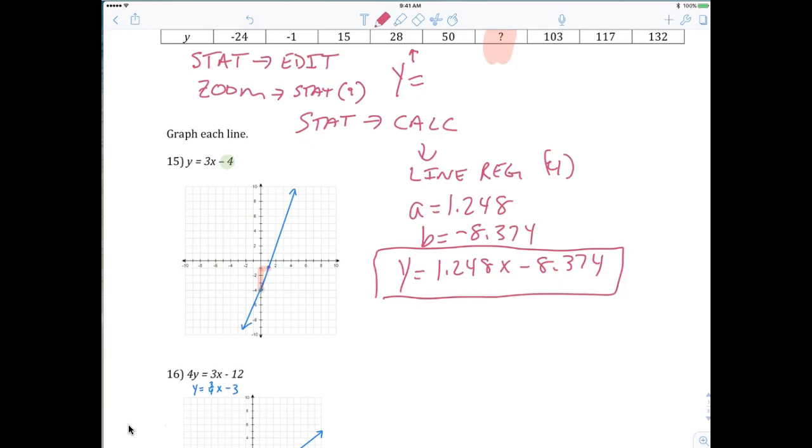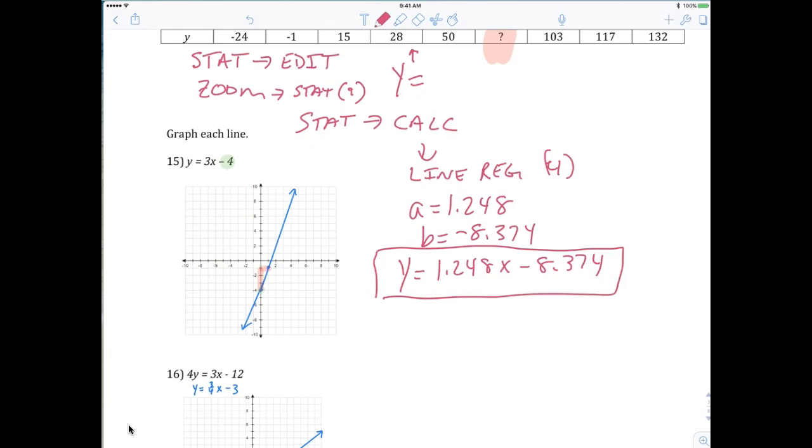That's a problem when you don't enter them right. You can't just enter them any way you want. Clear, clear. Now enter them all in again.